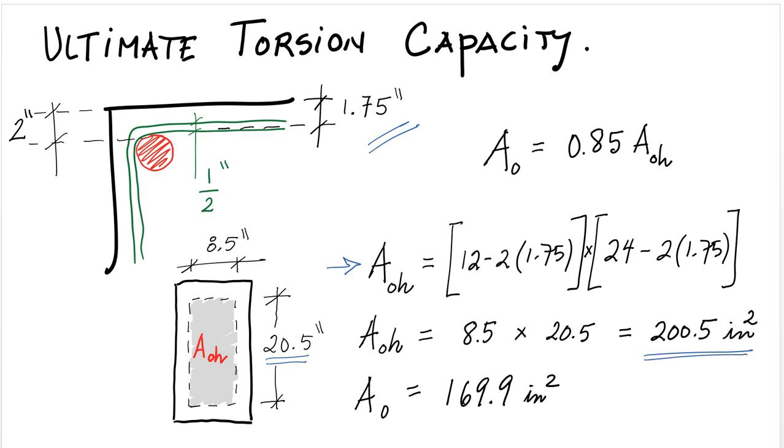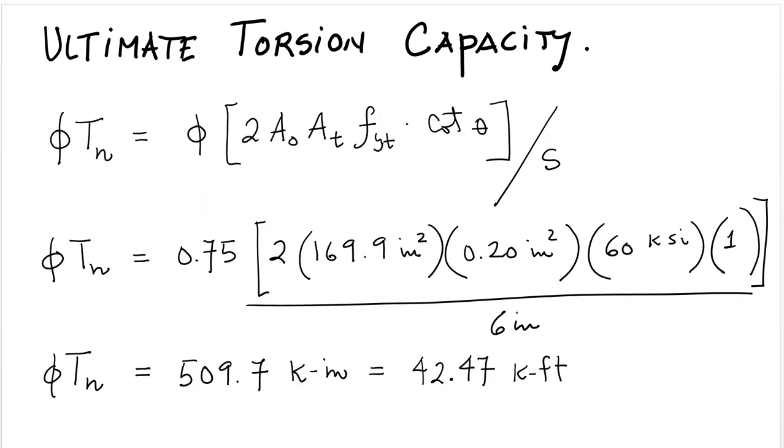If we multiply by 0.85, we get A naught equals 169.9. We can substitute that into our formula here, along with all the other values that we determined, and we obtain a value for the ultimate torsion capacity equal to 509.7 kip inches.